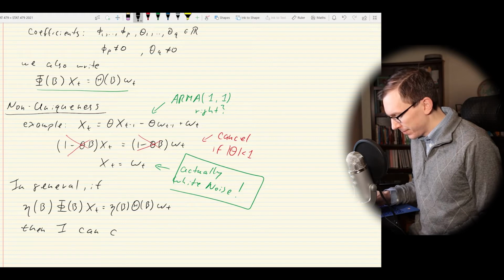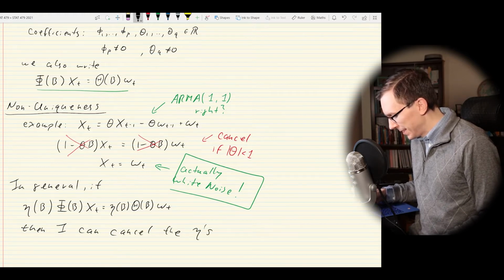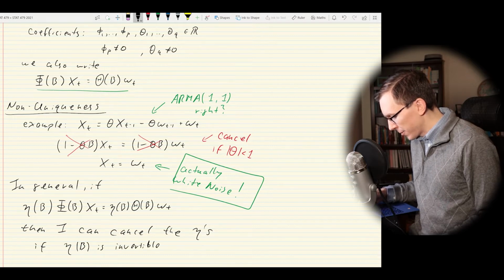Then I can cancel the etas if eta of B is invertible.